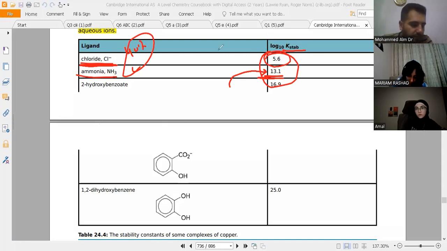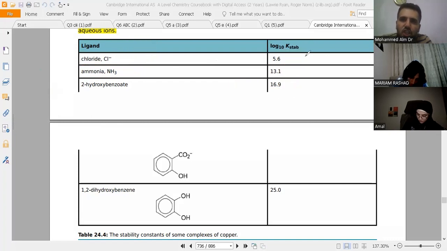Yes, Amal, say. So if the chloride had higher than ammonia, or ammonia had lower, no reaction. It wouldn't occur? No reaction. So what's added to the complex has to have a higher K stability than the complex. Yes. This is similar to the topic of E values, but here we don't have E values. Here we have Kstab values.